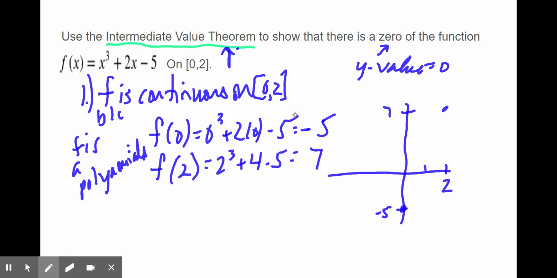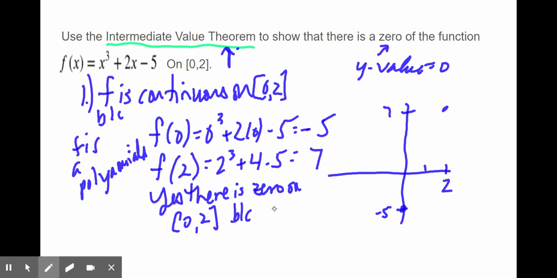Okay, so our final conclusion is, yes, there is a zero on [0, 2] because f of 0 is smaller than 0, which is smaller than f of 2, right?